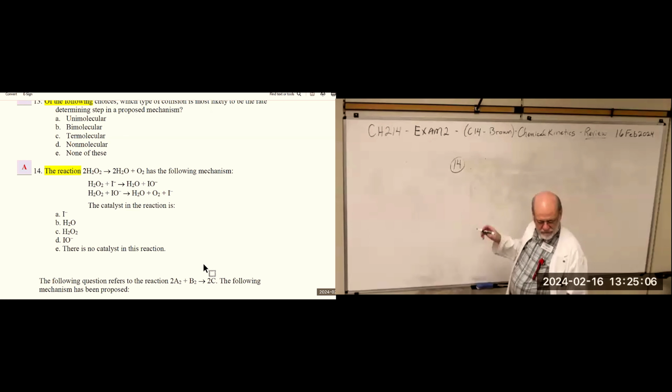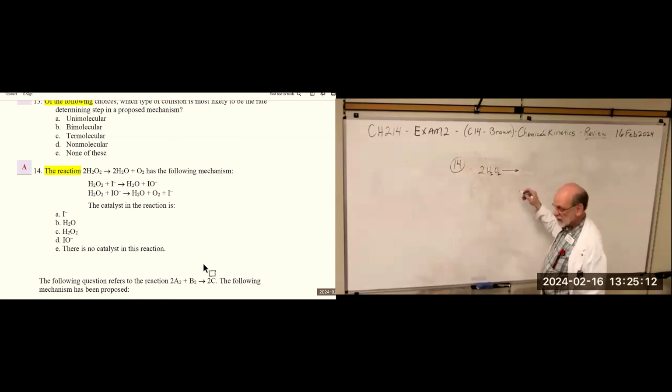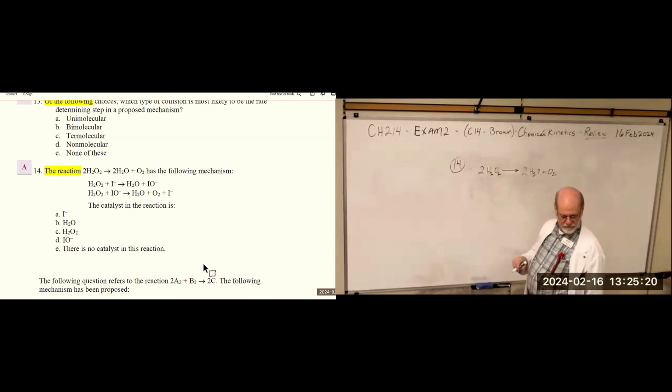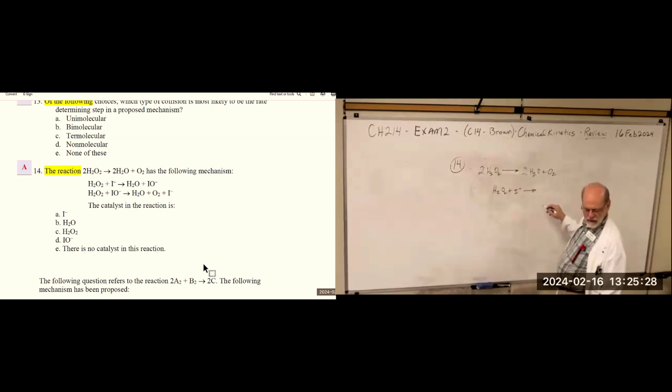Okay, 14. The reaction, let's see, 2 H2O2 yields 2 H2O plus O2. Has the following mechanism. All right. H2O2 plus I minus yields what? H2O plus IO minus.